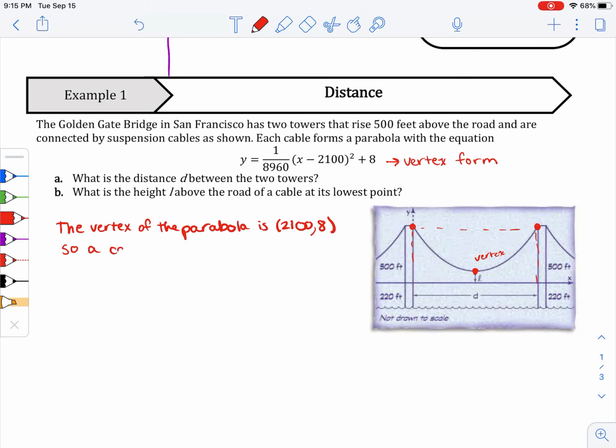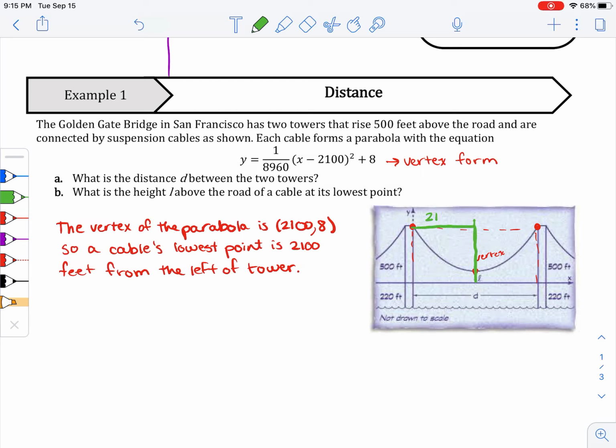So a cable's lowest point is 2,100 feet from the left of the tower. If you look here, from the left of this tower to this lowest point, the horizontal distance is 2,100 feet.